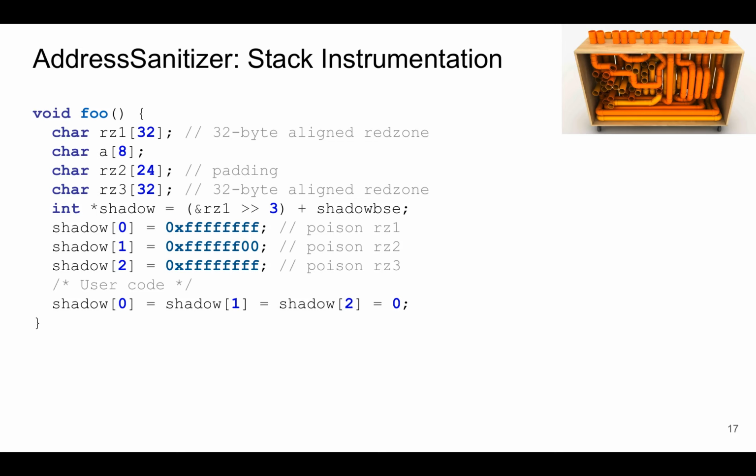So we would poison the full red zones there, and then we would have an 8-byte value, the 00, that is actually accessible. And at the end, before returning from the function, we would depoison the shadow values again and make it accessible again. So this is how the instrumentation works on the stack.